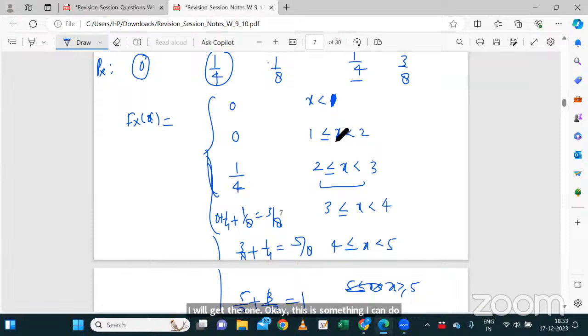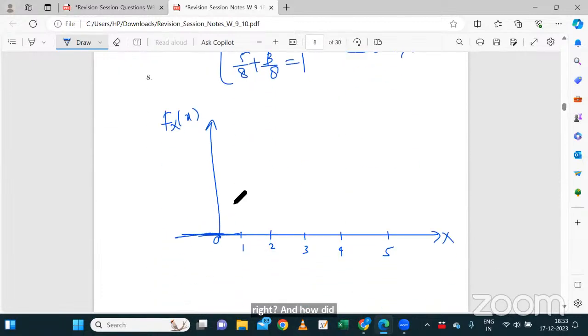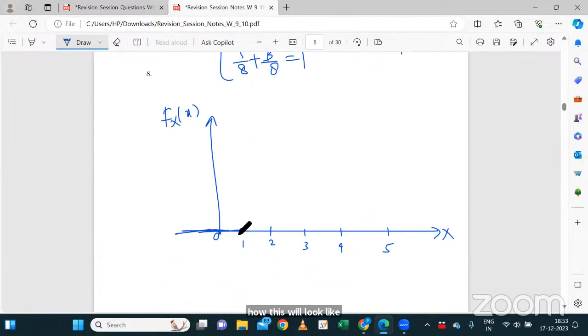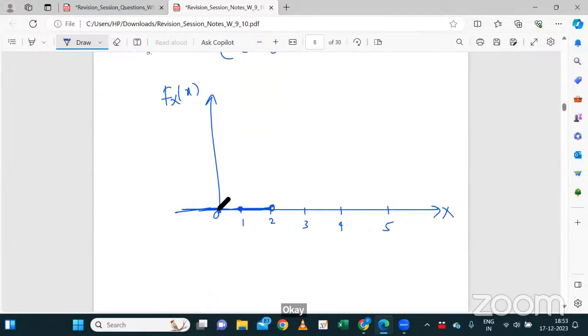From 1 to 2, it is again taking value 0, so it is something like this. And from 2 to 3, it's 1/4. Scaling we have to adjust. Let's say this is 2/4, this 3/4, and this is 4/4.